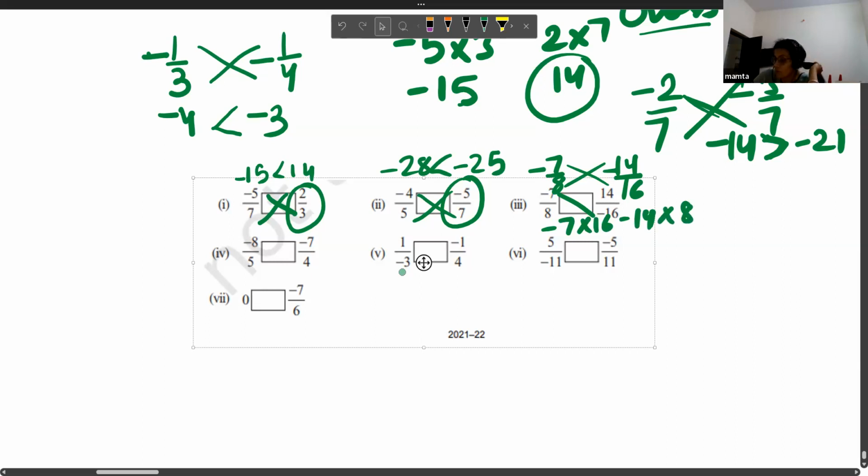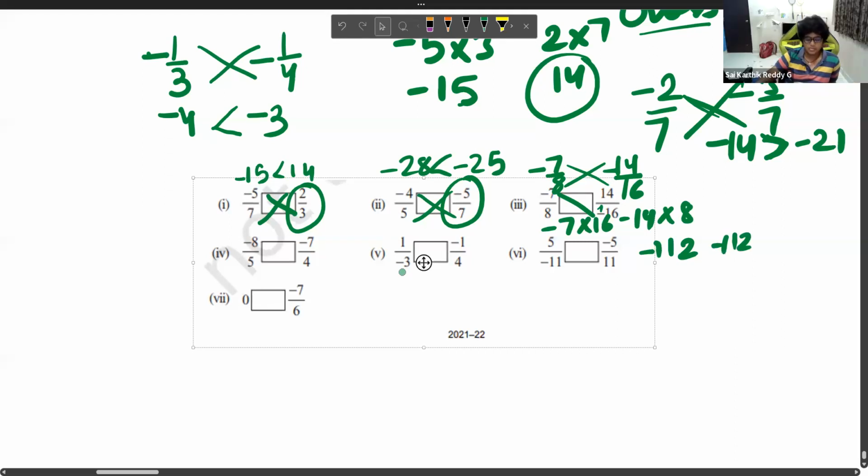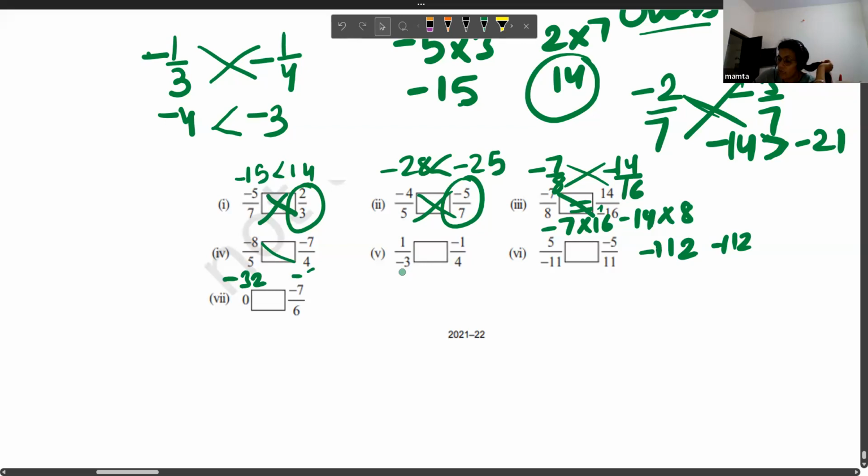Both are the same. 16 sevens are 112 and 14 eights are 112. So both are the same. Okay. And here 8 fours are 32. So minus 32 and 7 fives are minus 35. Which number is greater? Minus 32. So this number is greater.